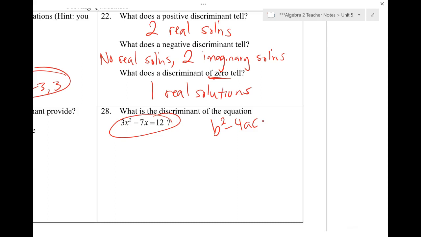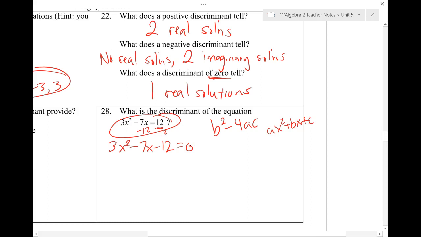And right now it's not, because I have this number over here on the right side of the equation. So it's got to look like ax squared plus bx plus c. So let's rearrange it. I'm going to subtract 12 from this side and subtract it from over here. 7x, and now I have negative 12x here equal to 0.